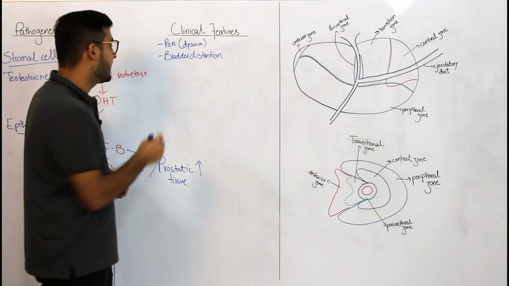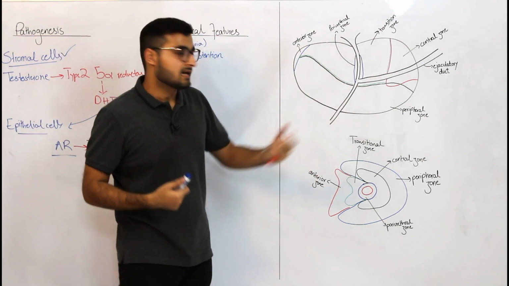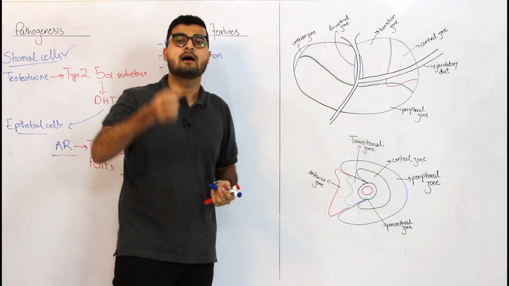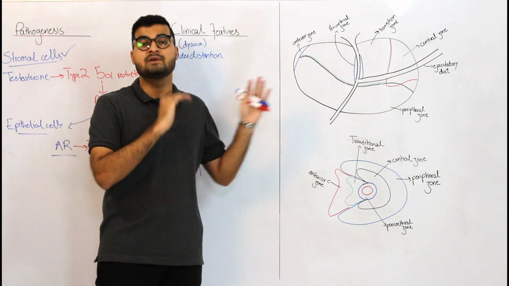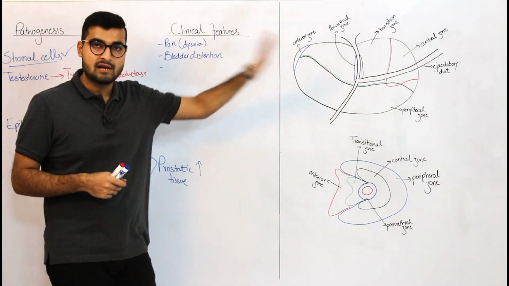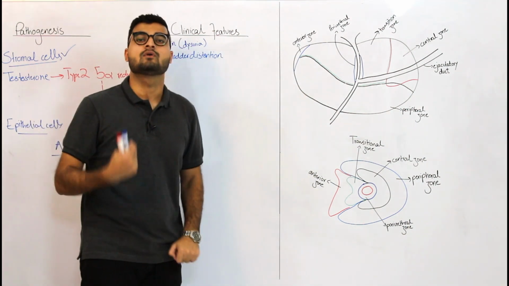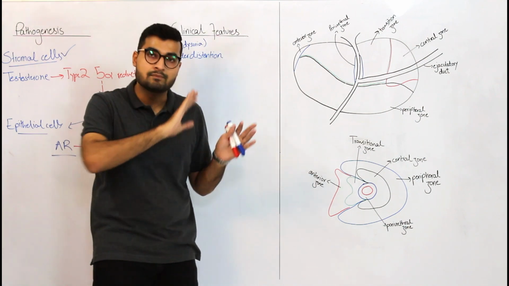Now, apart from that, the patient won't be able to urinate fully. Like, if you have a narrow urethra, not all of the urine will pass. Yes, a bit of your urine might pass, but the patient might not be able to empty their bladder fully. So if they can't empty their bladder fully, they'll have to go multiple times and empty their bladder in small amounts in order to completely empty it, right?